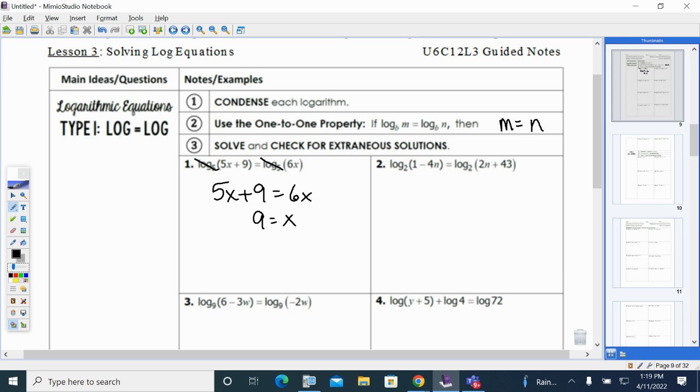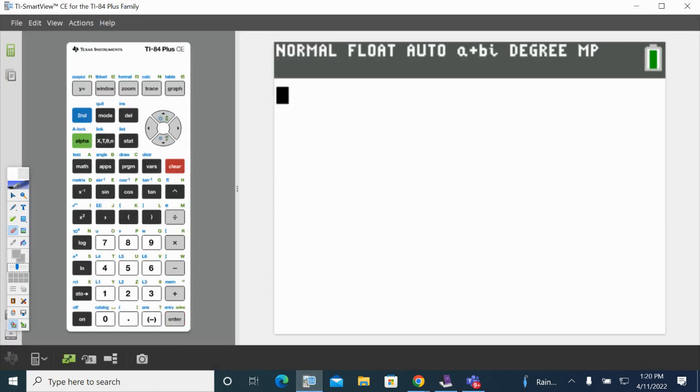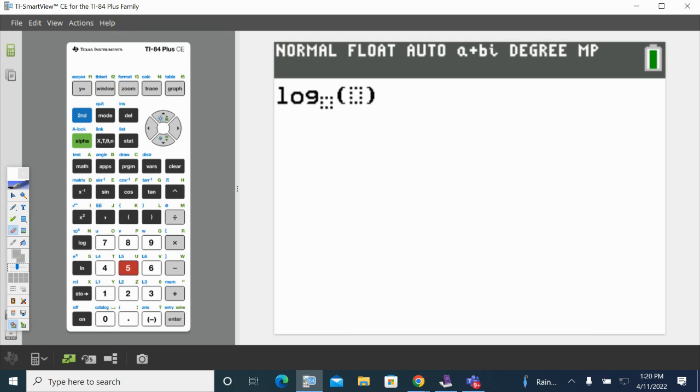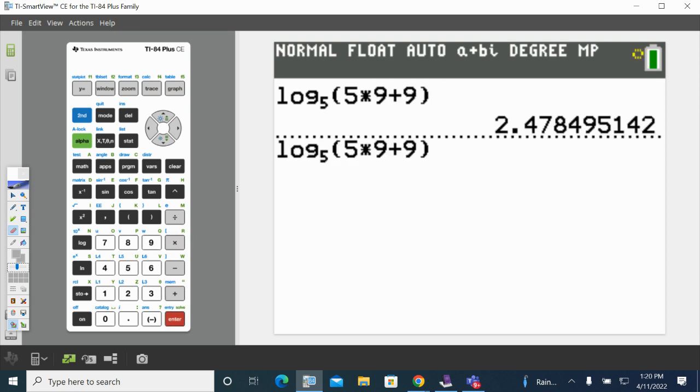Now, again, you have to check that, make sure that 9 actually works. To do that, what we're going to do is substitute the 9 into the left side of the equation and the right side of the equation to make sure that they match. So I'm going to pull up log base 5 of 5 times 9 plus 9 gives me that.